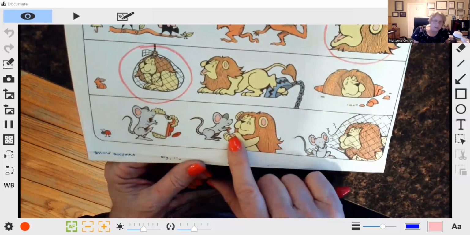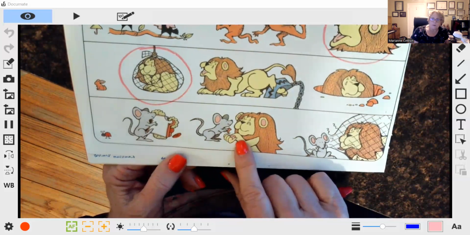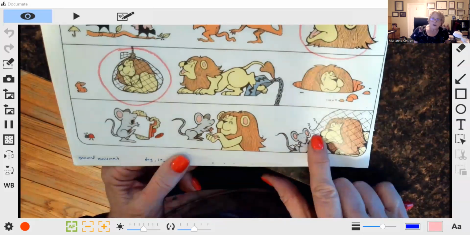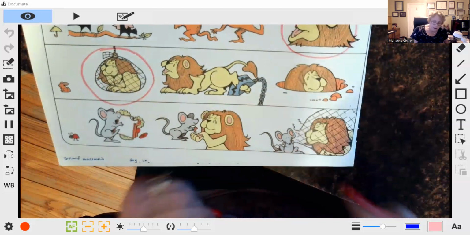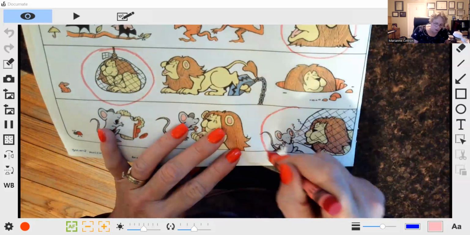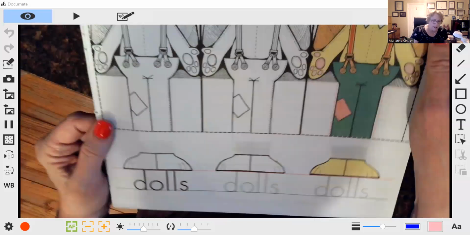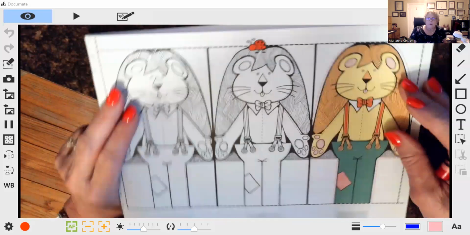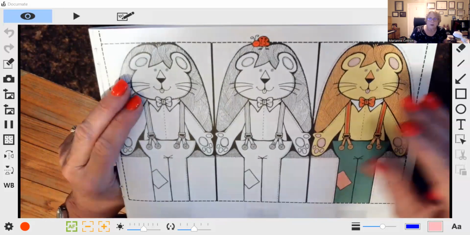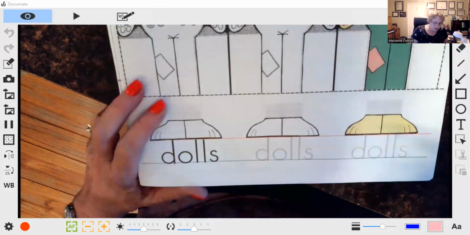Did the mouse take a splinter out of the lion's paw? Or did the mouse chew the rope and help the lion escape? The mouse chewed the rope and let the lion escape. Good job. So here we have paper dolls, and this is good coloring time. So first, let's go ahead and write dolls.